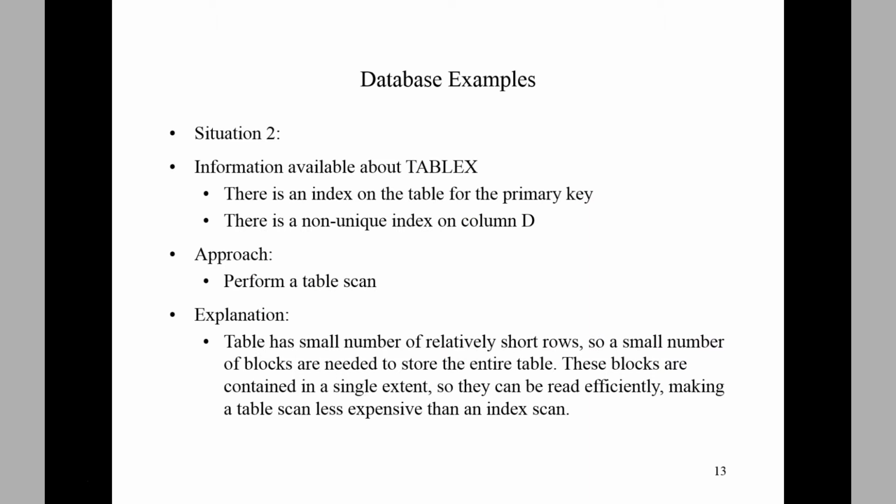The idea is there's a reduction, potentially a sharp reduction in the number of I/O operations that need to be performed. Hence, the table scan works out to be more persuasive to the optimizer.